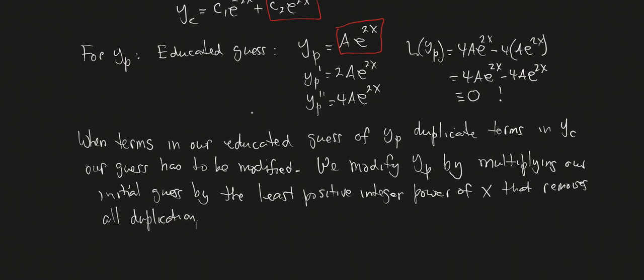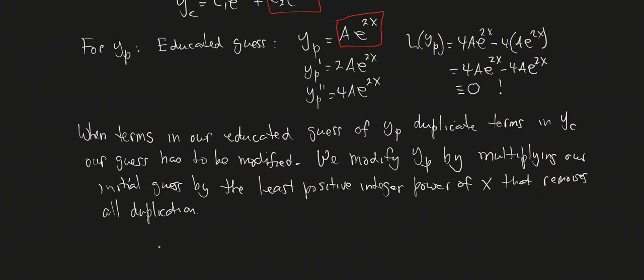So based on this, here is our modified guess. I'll still call it y sub p. But what I'm going to do now is say, okay, this didn't work. I know it has to be basically something of this form, but it can't be this specific form because this form gets annihilated by my operator.